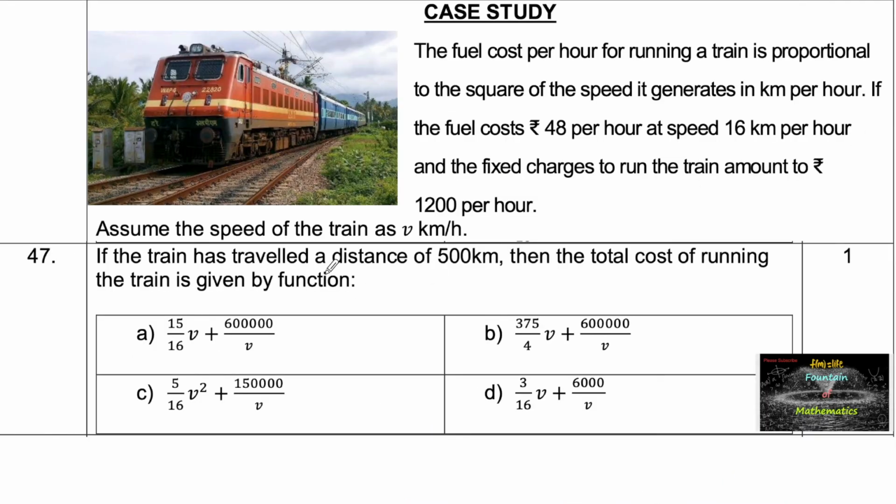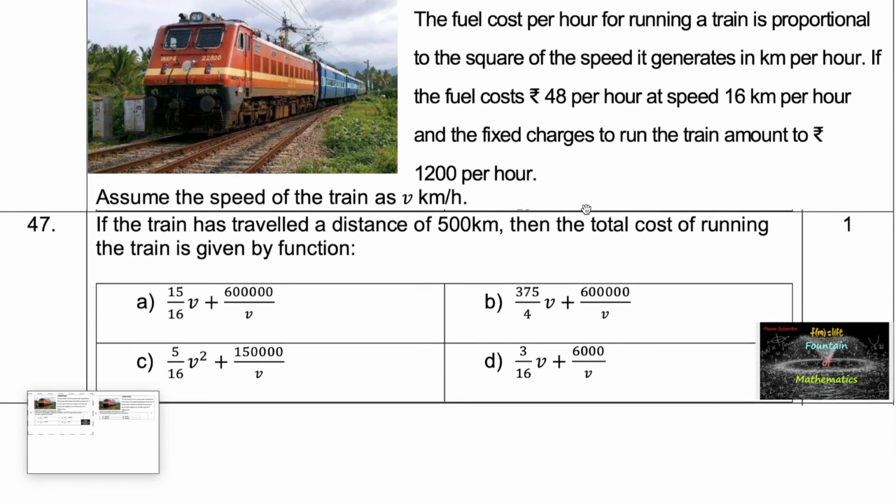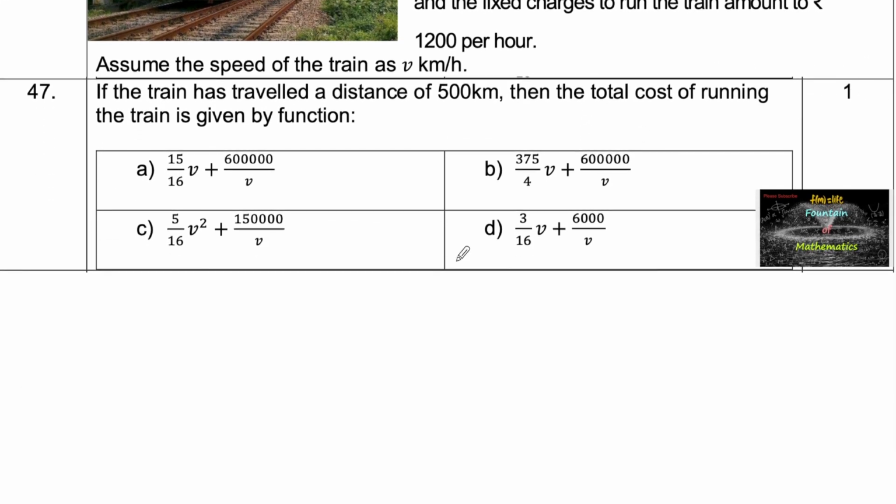If the train has traveled a distance of 500 kilometers, then the total cost of running the train is given by the function. Since we have seen fuel cost per hour is equal to k, we got proportionality constant 3 by 16, so 3 by 16 of v square. So this is for 1 hour.